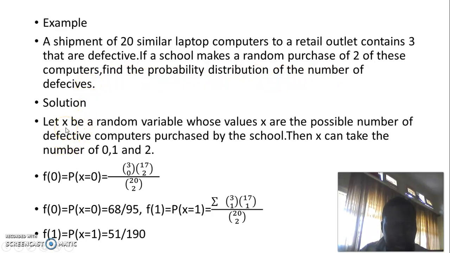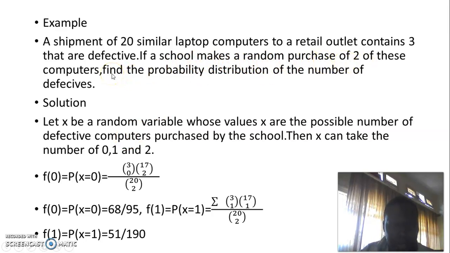Okay, let's look at the solution. Let X be a random variable whose values x are the possible number of defective computers purchased by the school. Then X can take the numbers 0, 1, and 2. Remember, a school makes a random purchase of 2 of these computers.